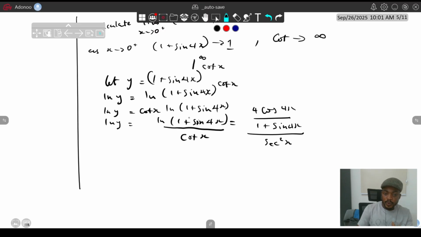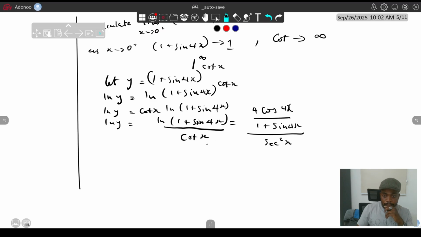So what do we do when we have to differentiate this function? We know that if we differentiate the entire function, we have 1 over 1 plus sine 4x. And then we differentiate what is inside the bracket, and then we have 4 cos 4x. Okay? Watch my videos on differentiation, and you will see how to work this out.